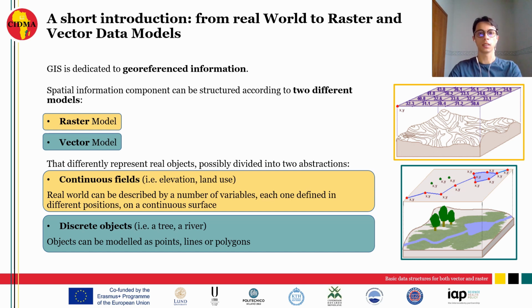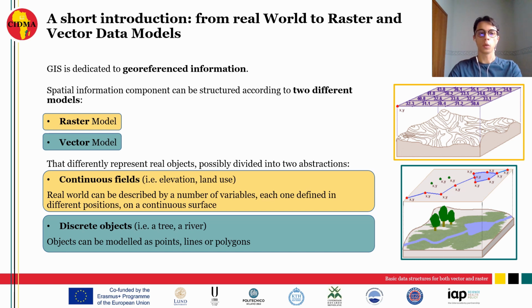These two models are used to represent real-world objects or features that, generally speaking, can be divided into two abstractions. On the one end, we have continuous fields, for example, the ground elevation or the land use of the territory, that is, all the elements characterized by a continuous spatial variability and that can be modeled as a continuous surface.